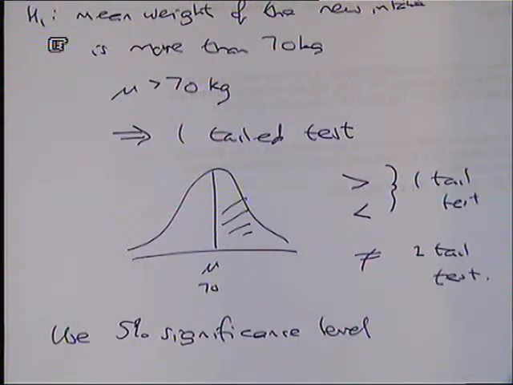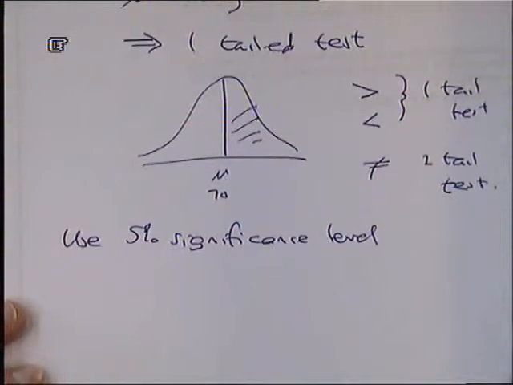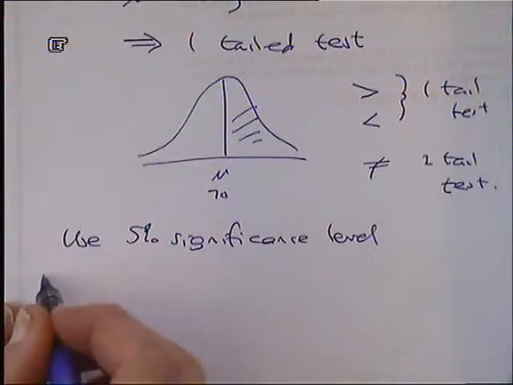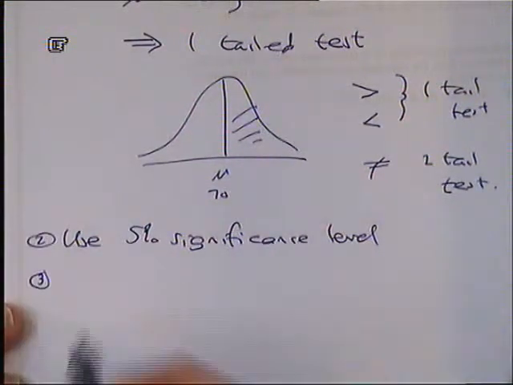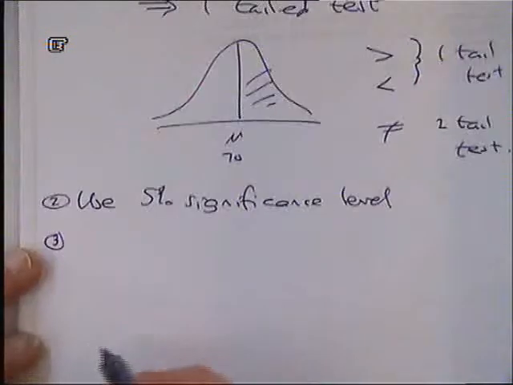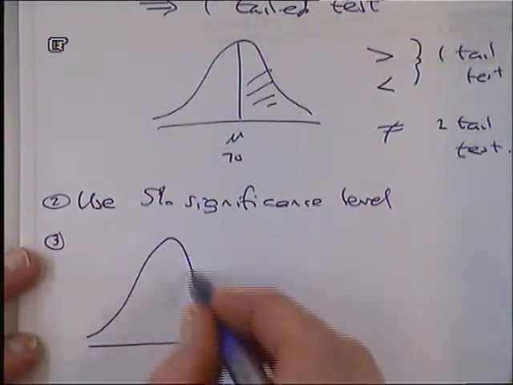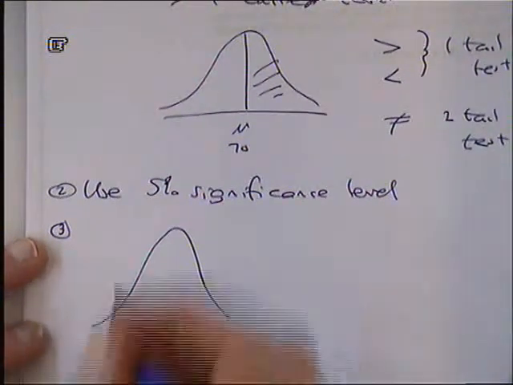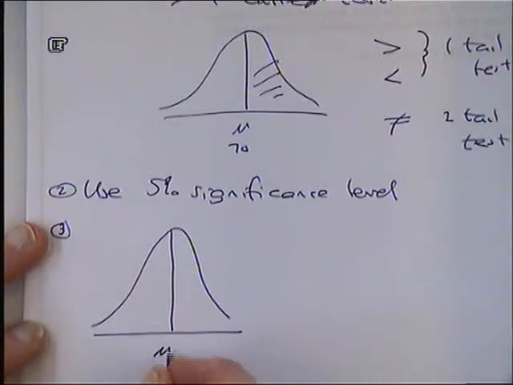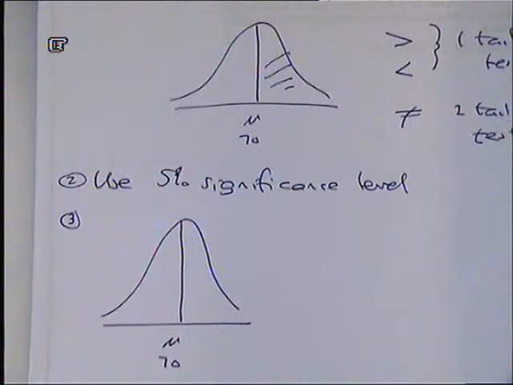Step 3, calculate the critical value and critical region. This is what we haven't really talked about yet. And I think for step 3, which is what we're doing here, this is step 3, that was step 2, a sketch is often very helpful. So, if we do a sketch, the null hypothesis says mu equals 70. We are interested in a one-tailed test at 5%.